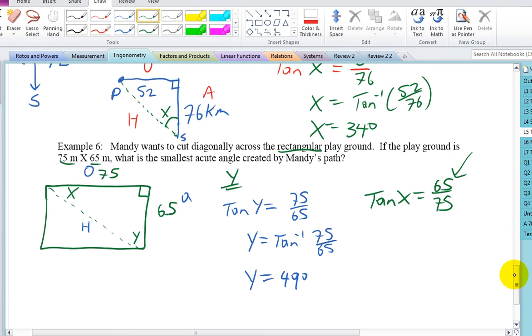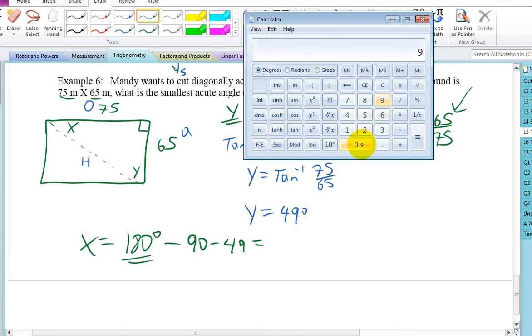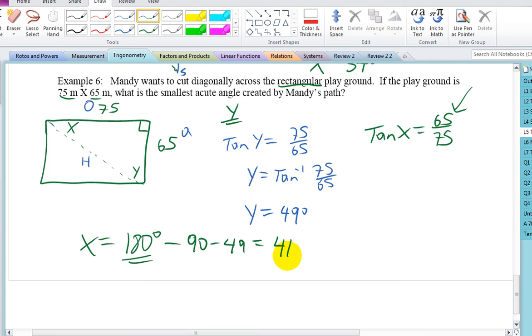But you know what? We don't need to do that because we know stuff about triangles. We know all triangles add to 180 degrees. So angle x will be 180 minus 90 minus 49. What does that equal? 41 degrees.